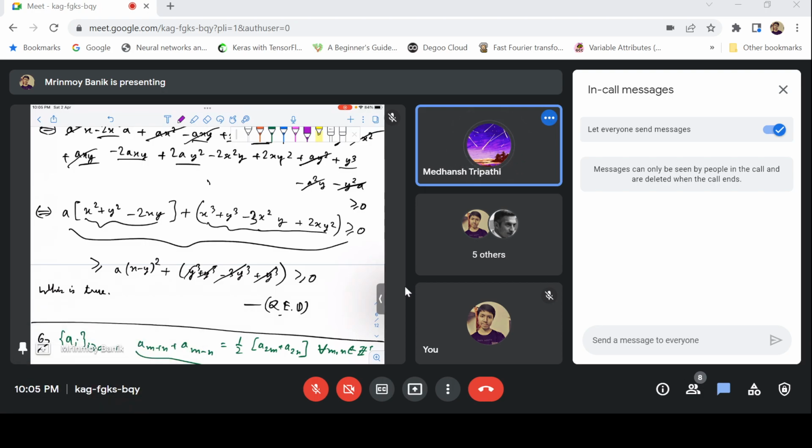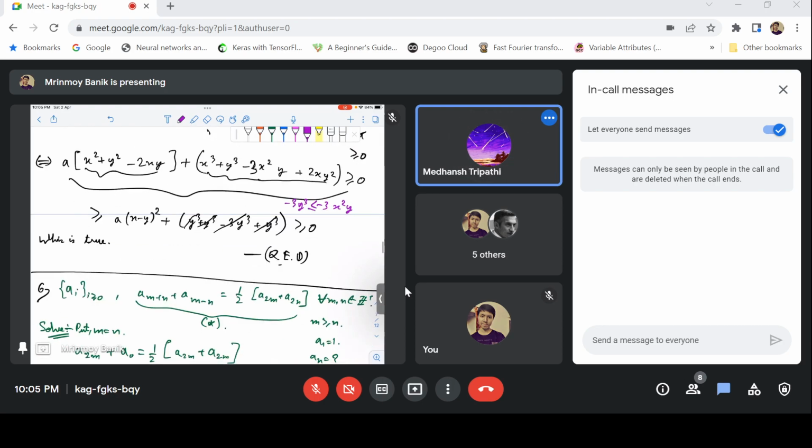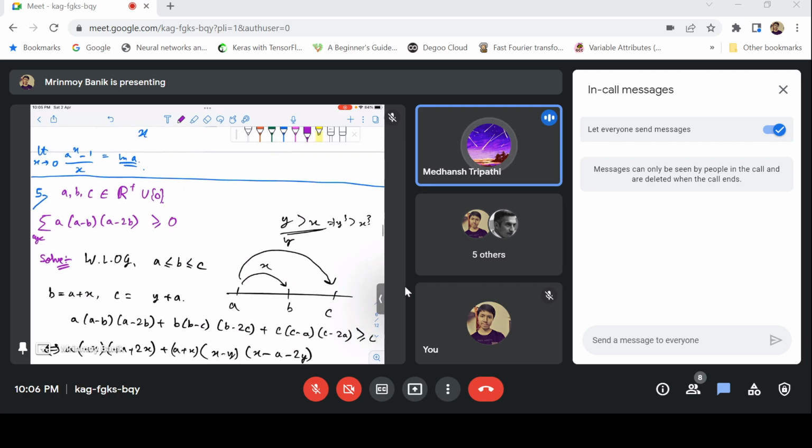So can we write the negative of 3y cube as always less than minus 3x squared y? Not less, sorry, always greater, because of the negative sign. Minus 3y cube is always greater than minus 3x squared y. So y cube is greater than x cube, so minus 3y cube is greater than minus 3x squared y. Right? Yeah, no, sorry.